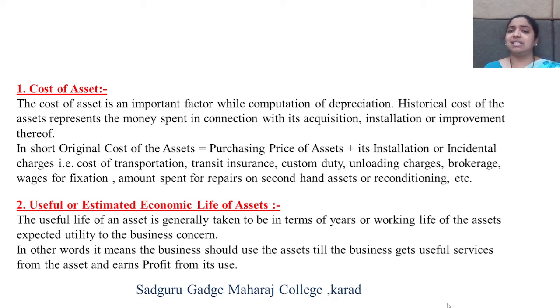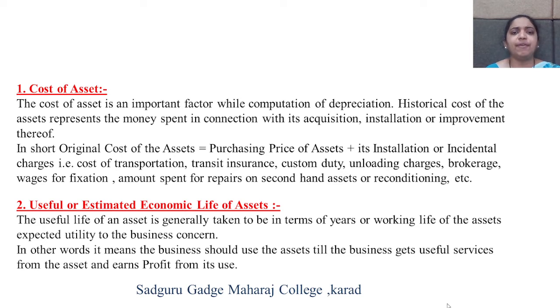Now, what are incidental or installation charges? Example I'll give you: cost of transportation, transit insurance, custom duty, unloading charges, brokerage, wages for fixation, amount spent for repairs on second-hand asset or reconditioning, etc. So, remember, original cost of an asset is equal to purchasing price. How much price is it purchased for?